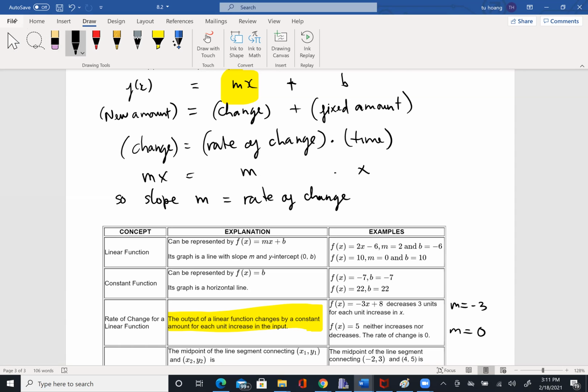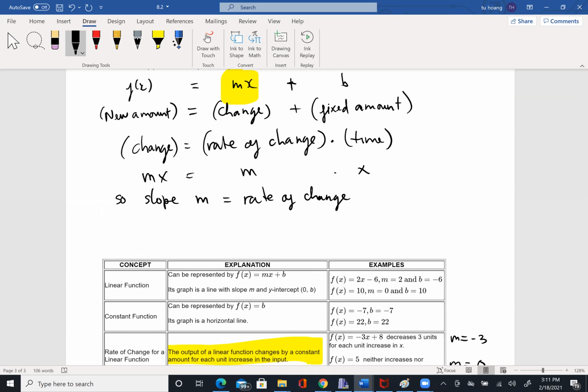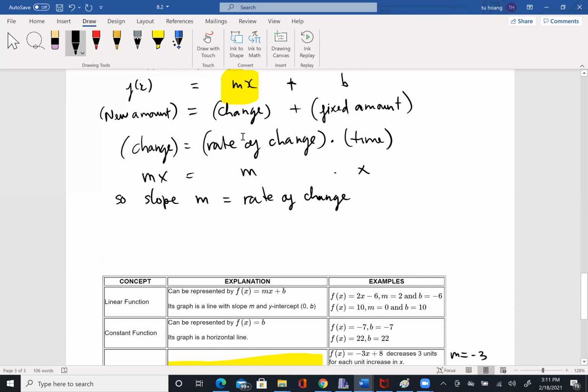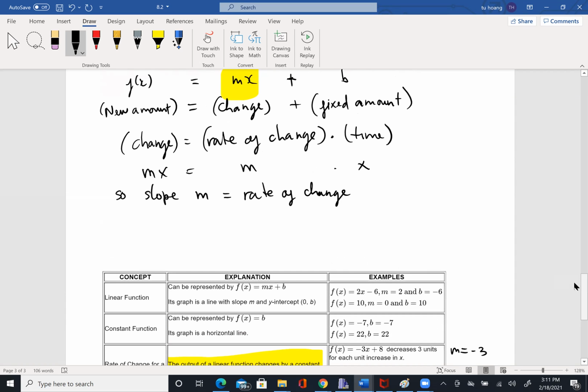One more thing I want to talk about is midpoint.